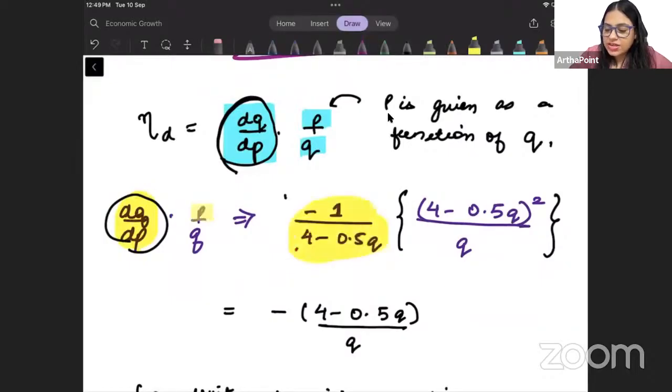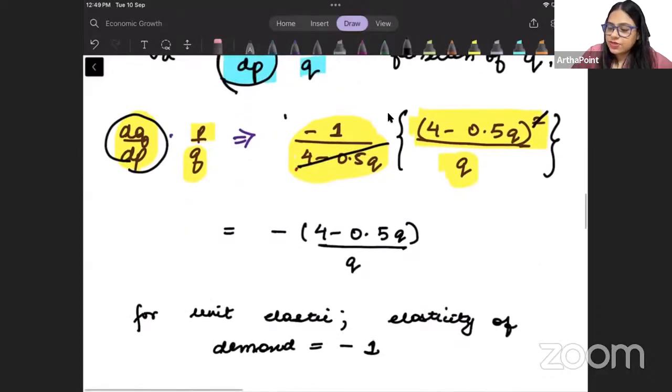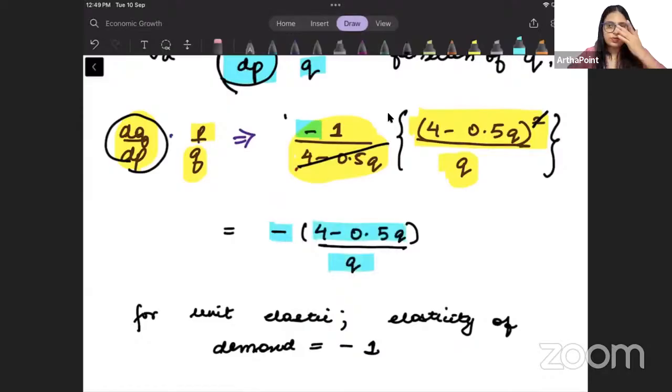Price is given to me as 4 minus 0.5 Q, and quantity I have written as it is. So you see that this is now getting cancelled. And I am left with minus, of course, 4 minus 0.5 Q by Q.